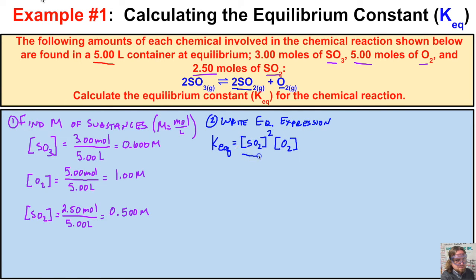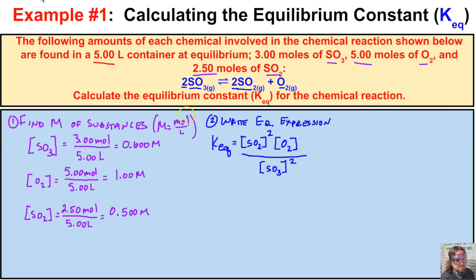And we're going to end up dividing this by the concentration of our reactants. We only have one reactant here, and so the concentration of SO3 squared. And so here is our equilibrium expression.